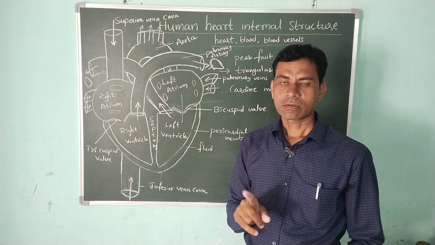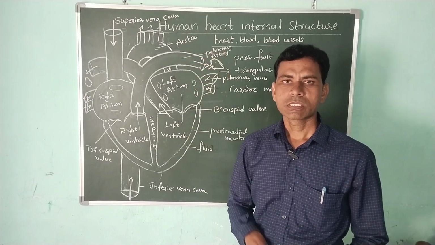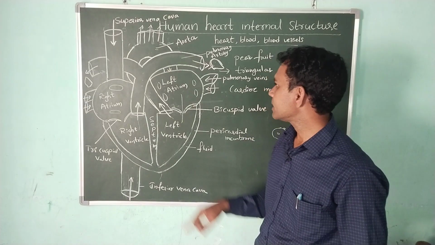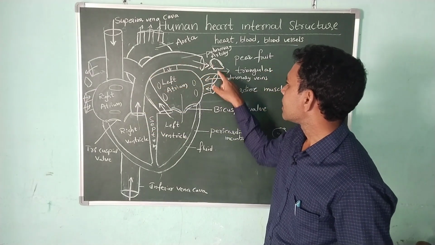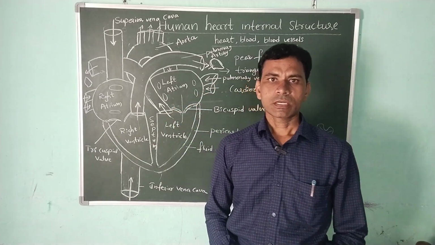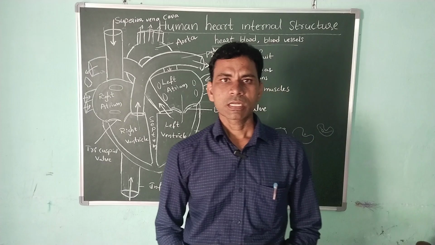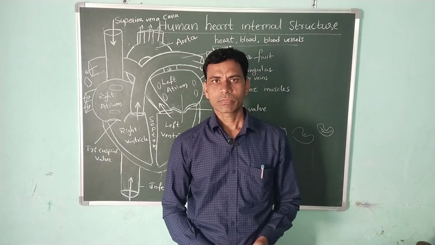Heart to body parts to heart is one circle. Another circle: heart to lungs, lungs to heart is the second circulation. Hence, the human circulatory system is called a double circulatory system.